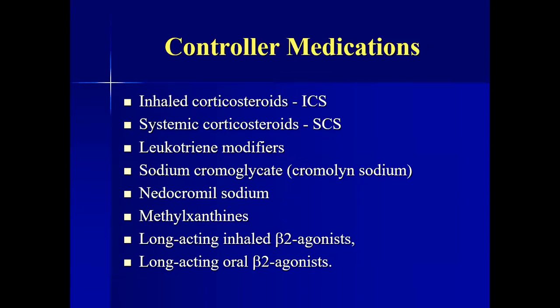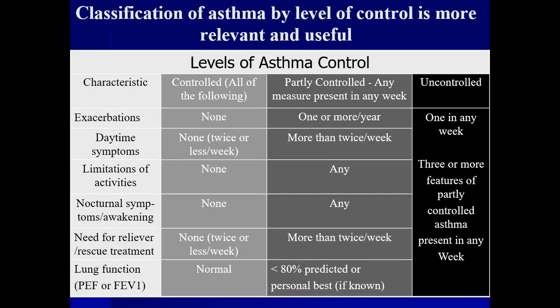Controlling medications: inhaled corticosteroids, systemic corticosteroids, leukotriene modifiers, sodium cromoglycate, nedocromil sodium, methylxanthines, long-acting inhaled beta-2 agonists, long-acting oral beta-2 agonists. Classification of asthma by level of control is more relevant and useful.